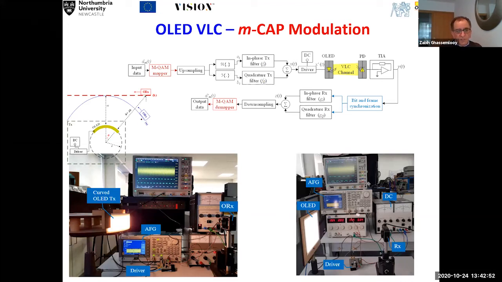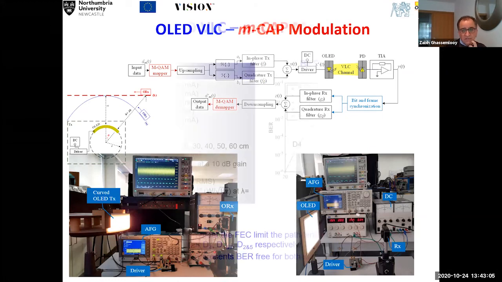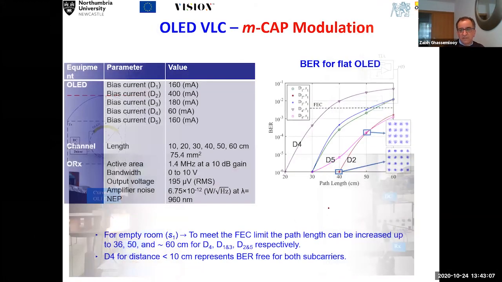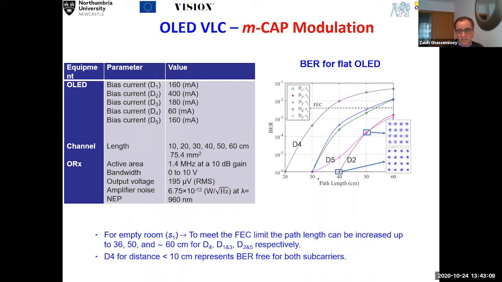And this one was for the curved OLED that we are interested in. You can see the antenna here. Then we compared it with the flat one. We just wanted to know whether there would be any major differences between these two. So we did it for the flat OLED. These are various flat OLEDs depending on the size and so on. You can see that D2, which is smaller, gives you better performance.